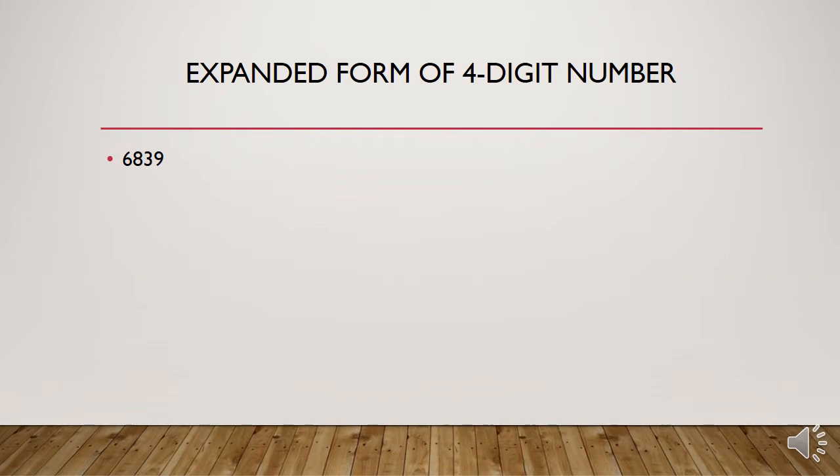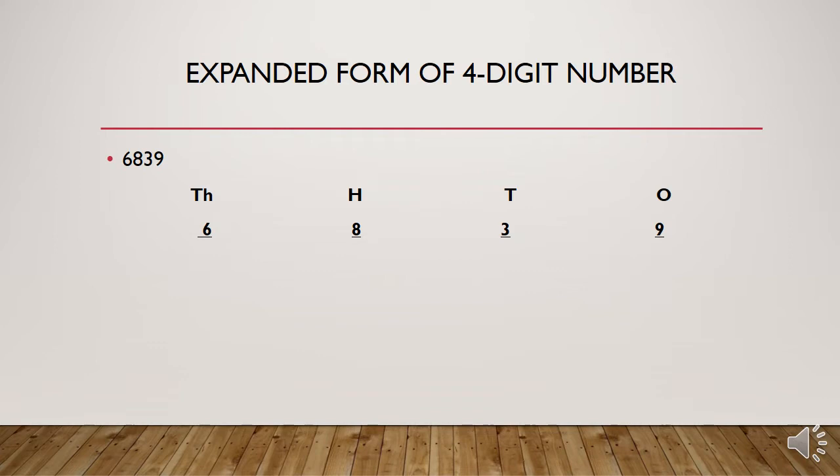As an example, we have taken a number 6,839. Let's first place this number in its respective columns. 6 lies in the thousands column, 8 lies in the hundreds column, 3 lies in the tens column, and 9 lies in the ones column.